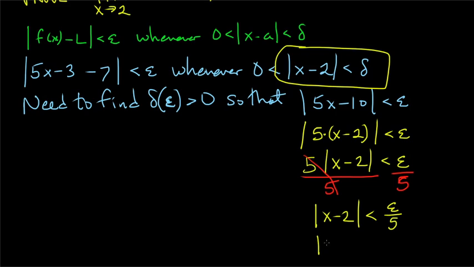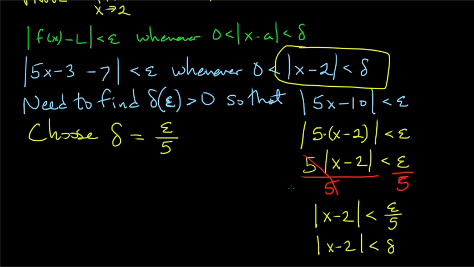Well, that has to be my delta then. So we're going to choose delta to be equal to epsilon divided by 5. Okay, so by making that choice, let's see what happens.